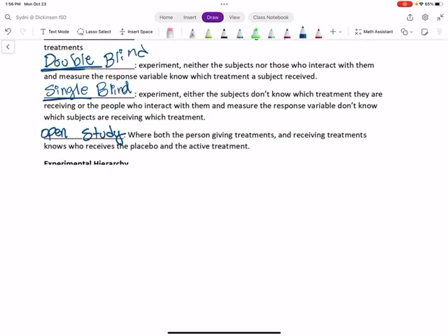Now, whenever you are giving an experiment, there is an experimental hierarchy, and that's kind of what's crossed out right here. In an experimental hierarchy, it starts with the person who designs the experiment. They are on top. They know everything about the experiment. They're the ones who did the simple random sample. They're the ones that selected who was going to get the placebo, who was going to actually get the active treatment. They know everything.